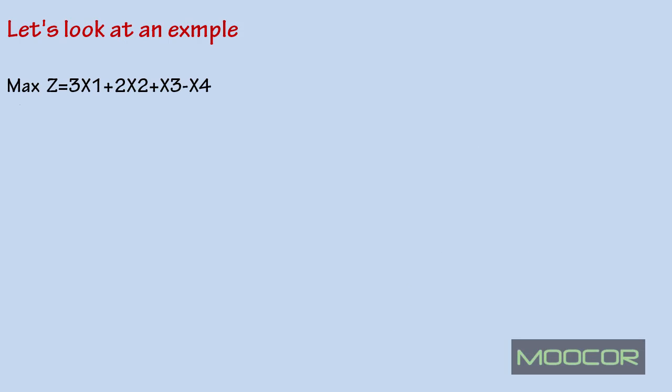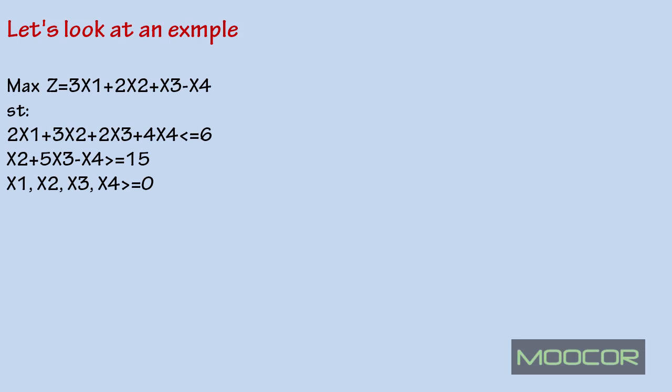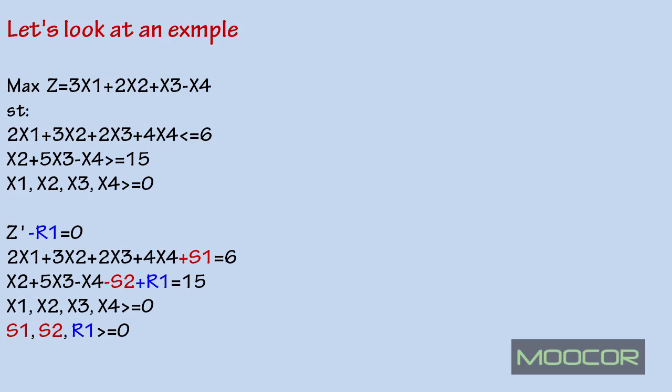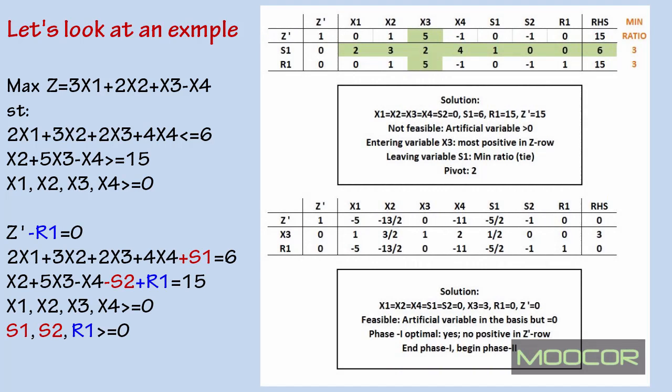I have taken an example of a 4-variable 2-constraint problem. I have written the phase 1 problem, and I have gone through the proper steps to identify the necessary tableaux for this problem, and I have ended up with an optimal solution for phase 1.